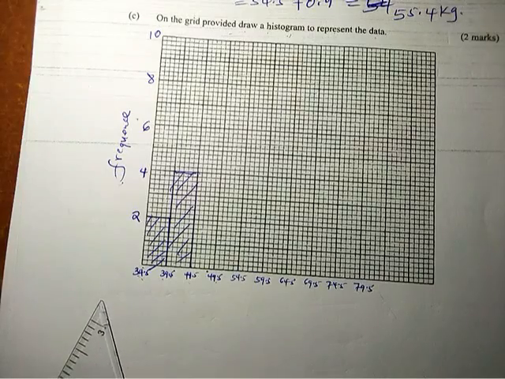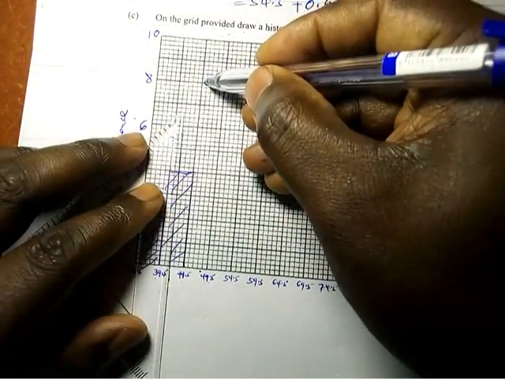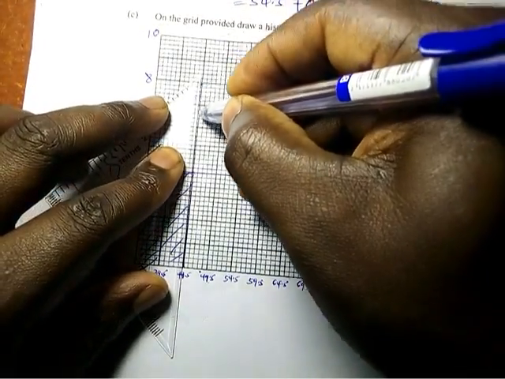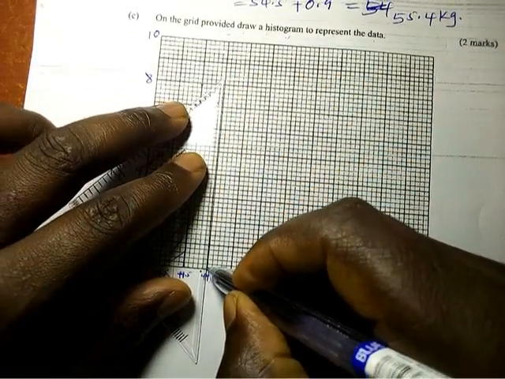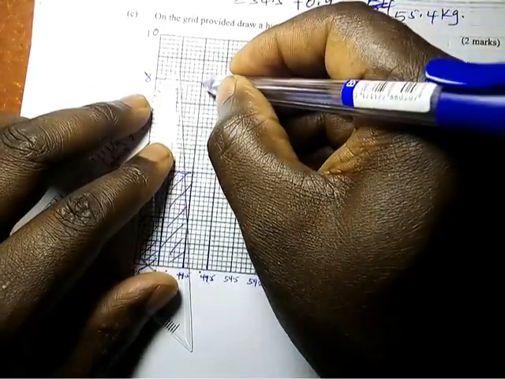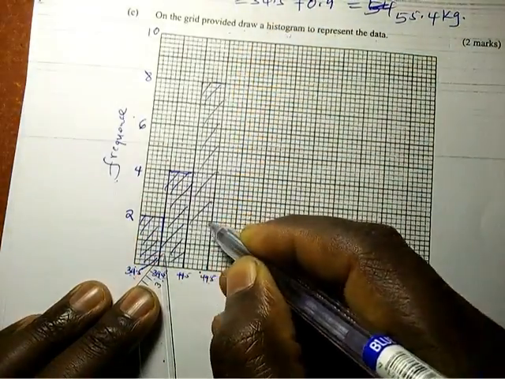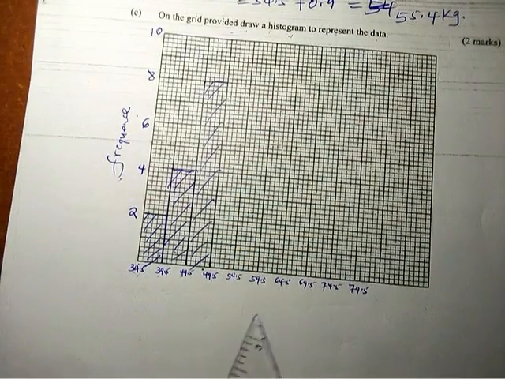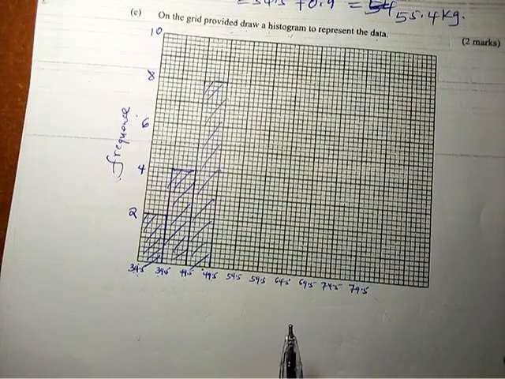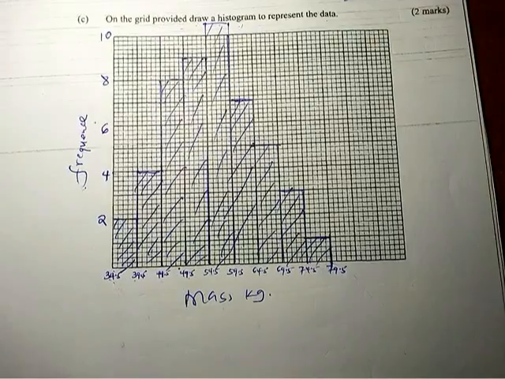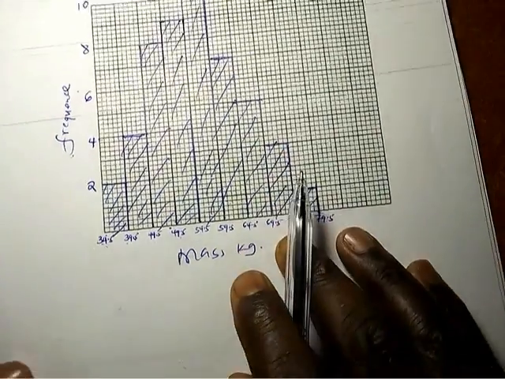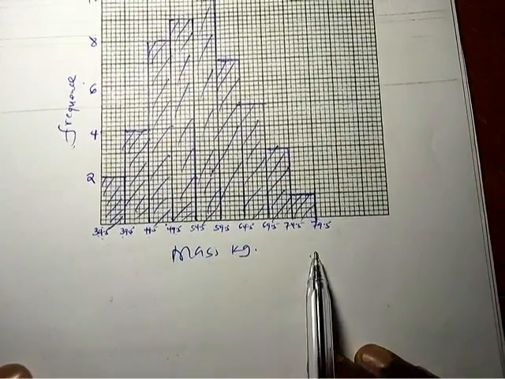The third one was 8, so you go to where we have 8, you draw this one, and then you shade like that. So this is what we call a histogram.